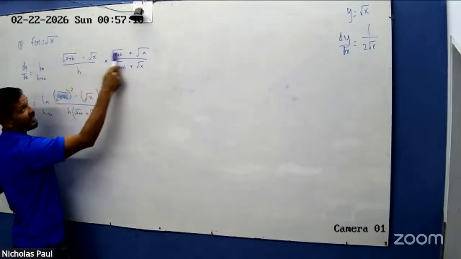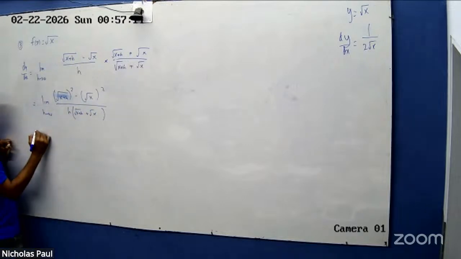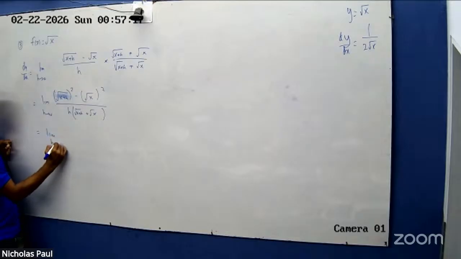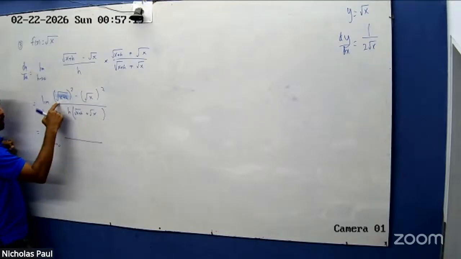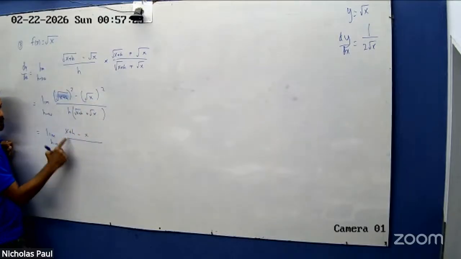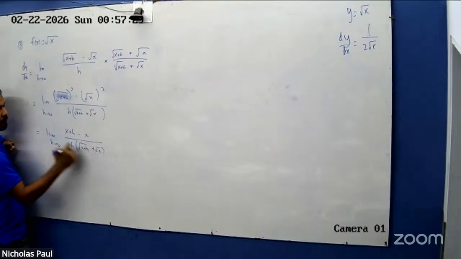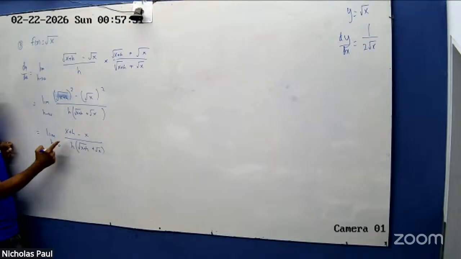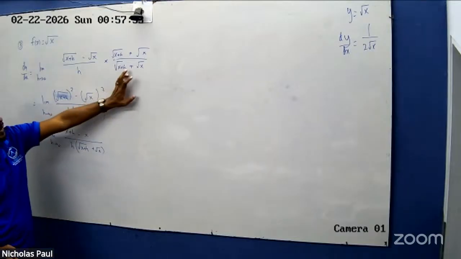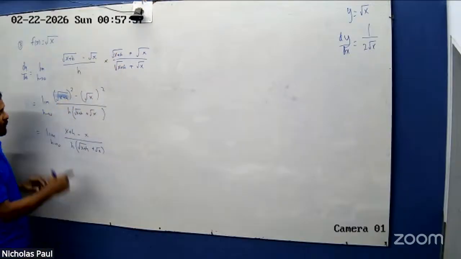When you multiply this out, the square root of this squared is x plus h, and this squared is x. What will happen with the x here? The x will cancel. So by doing the rationalization here, we end up with something like this.